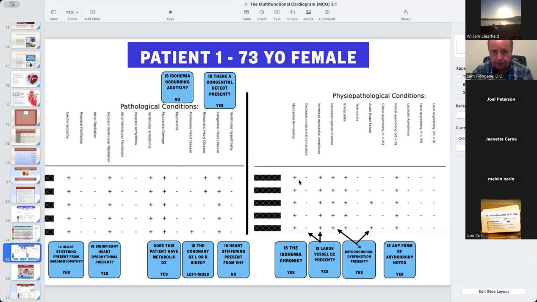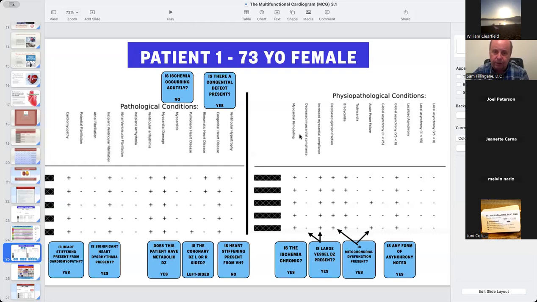Myocardial remodeling has to do with chronic disease, 5 out of 5 positives. So this patient has no acute disease, but has a rather significant amount of chronic, slow brewing metabolic disease that creates inflammation.